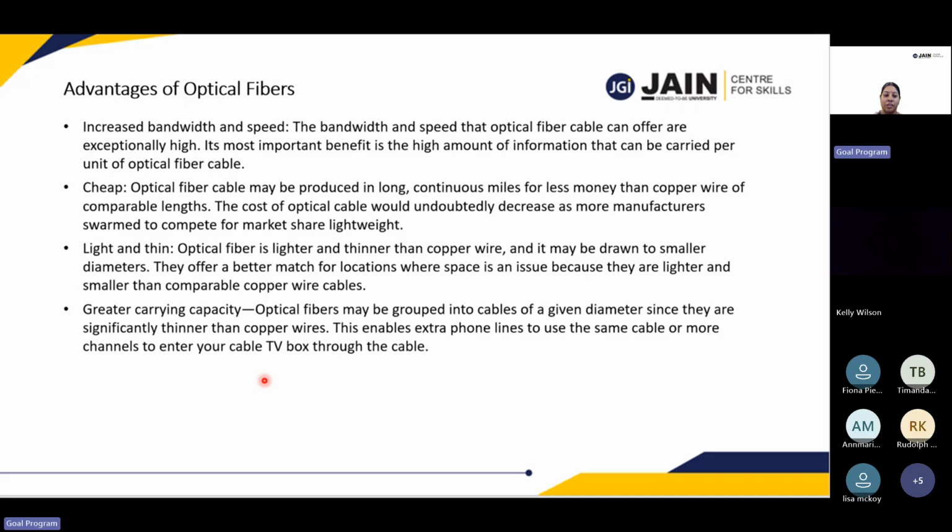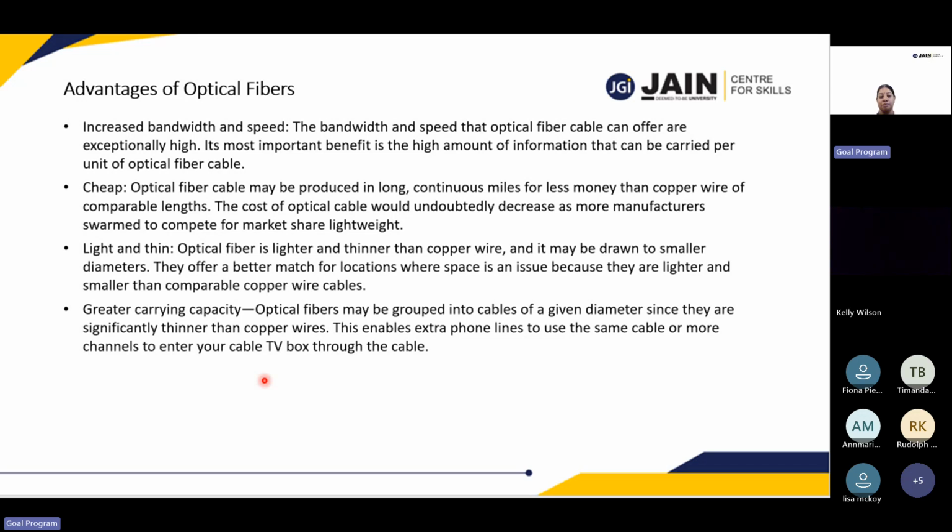Greater carrying capacity. It can carry a huge amount of data. Optical fibers may be grouped into cables of a given diameter since they are significantly thinner than copper wires. This enables extra phone lines to use the same cable, or more channels to enter your cable TV box through the cable.